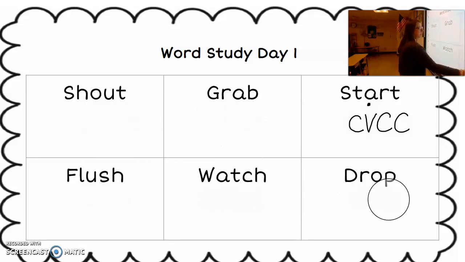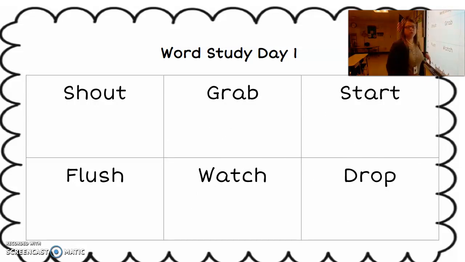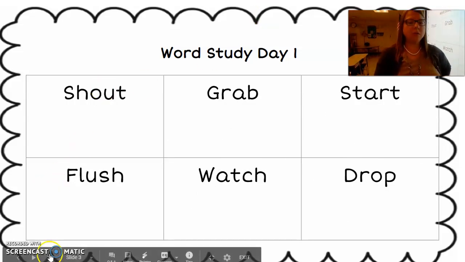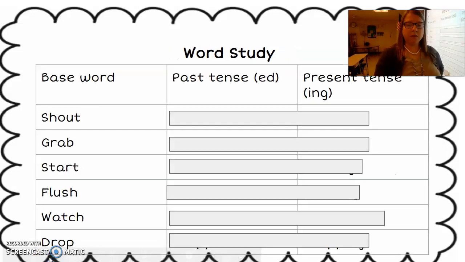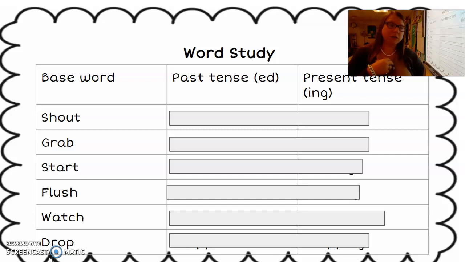So now we labeled all of these words. We know which category they fall into. And the last step we need to do is to add our suffixes, okay? There are 2 suffixes. ED, we add that suffix when we want to put the word in the past tense, or ing when we put the word in the present tense. So shout.